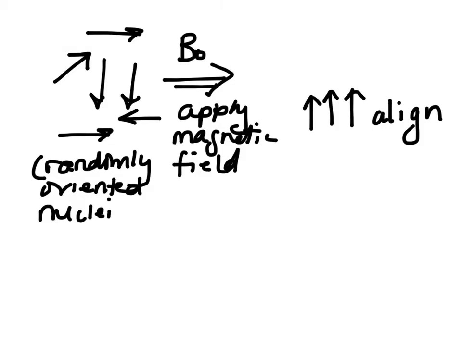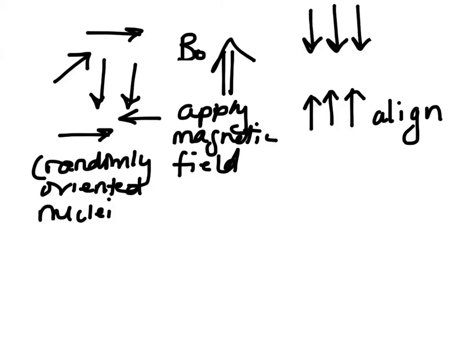So this is the direction of the applied field. Some of the spins would align, and some would not. They would oppose. The aligned state would be called alpha, and the opposed state would be called beta.